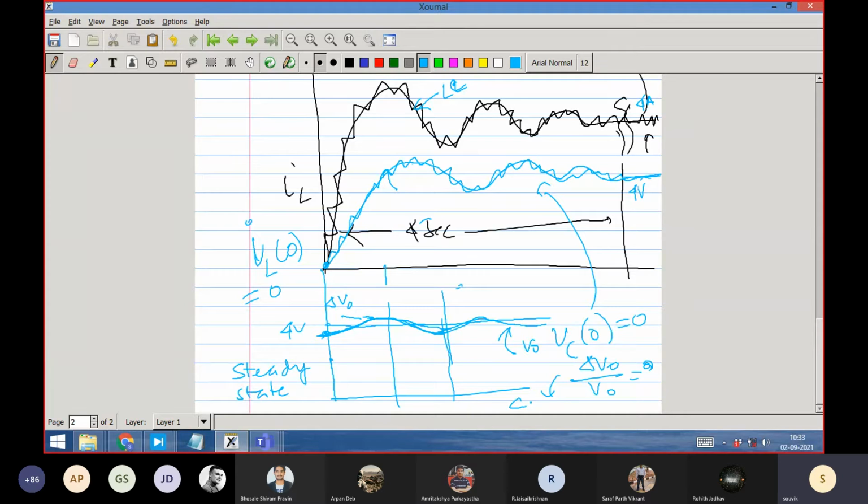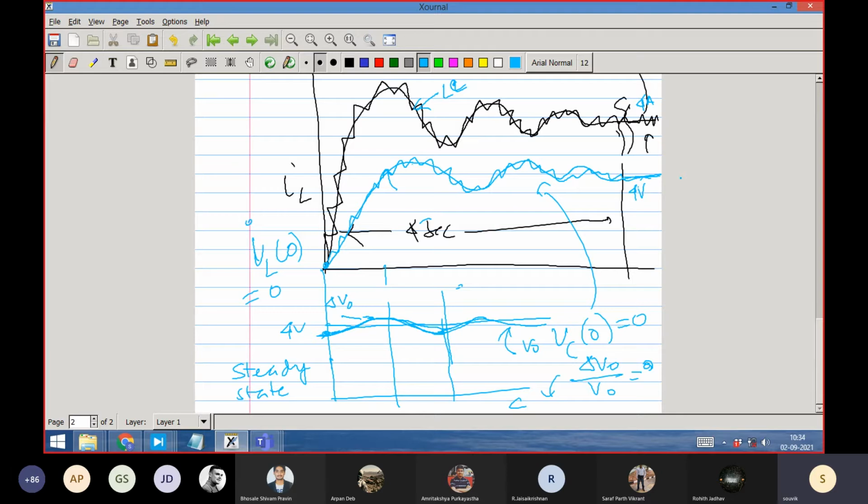Nobody is choosing whether it is 4 seconds or 6 seconds or 3 seconds. Nobody is choosing L and C based on that. This is the consequence of the choice of L and C that you have made. The choices are always based on steady state issues: steady state power, maximum voltage, maximum current, variation, etc. After choosing that, when you initially start, you will see an oscillation.